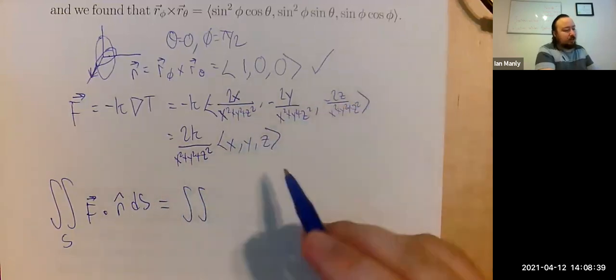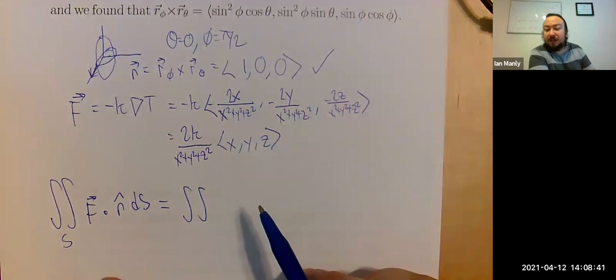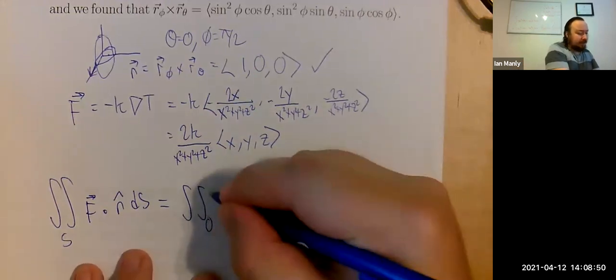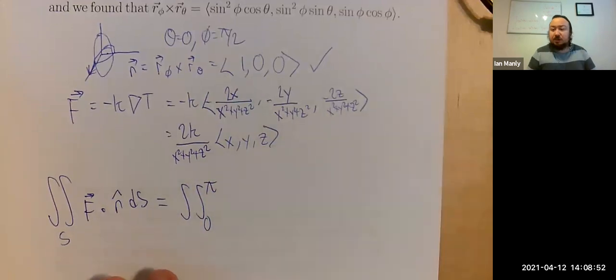All right, so let's see. We're going all around the sphere, so the sphere goes from phi is 0 to pi, and then the sphere also goes from theta is 0 to 2 pi.